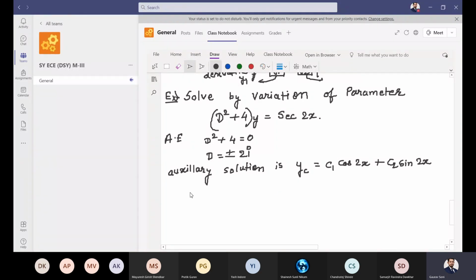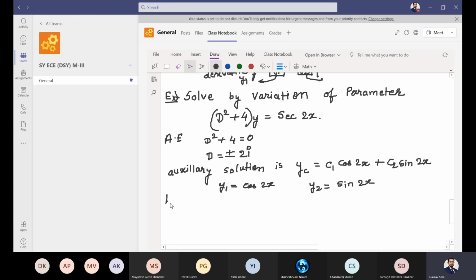Now we need to go for the particular solution. What is our y1 from this? Whatever is with the first constant is your y1, so that is cos of 2x. What is with the second constant? Sin of 2x.